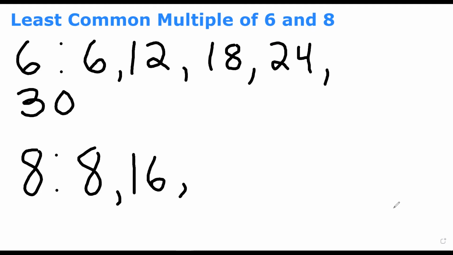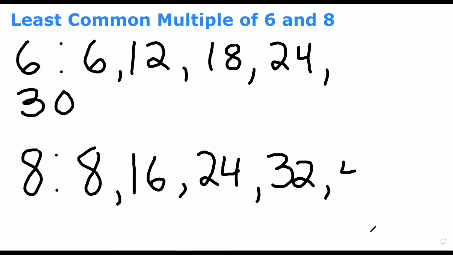Then what would be the third one? 8 times 3 is 24, so that's the next multiple of the number 8. Then let's go up to 5 again. 8 times 4 is 32, so that's the next multiple. Then 8 times 5 is 40.